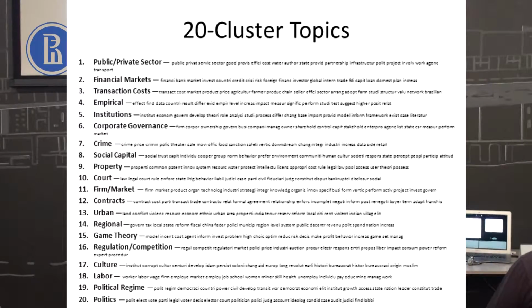This would be the transaction cost topic. Another topic, political regimes, and the order is not random. These are all the stem words together. So when it comes together, I can say, well, if somebody is talking about transaction cost, market, product, price, agriculture, finance, investor, global, this is probably about transaction costs.